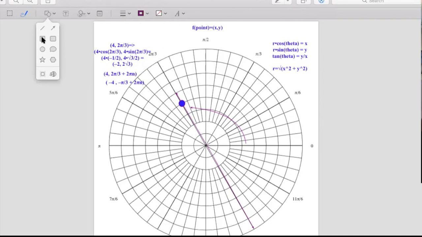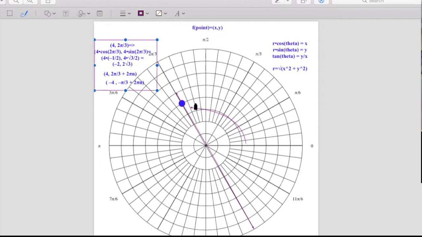How am I going to know which one to give you if you ask for it? How do I know what the right answer is? And it's pretty simple. If I don't give you any instructions at all, and I just say, give me a set of polar coordinates for this, you can give me any one and you'll be right.